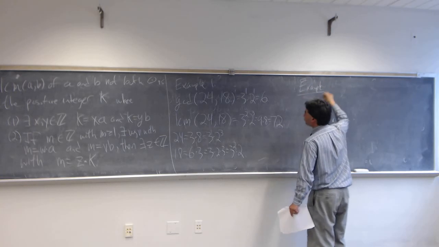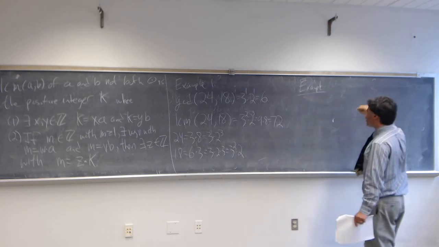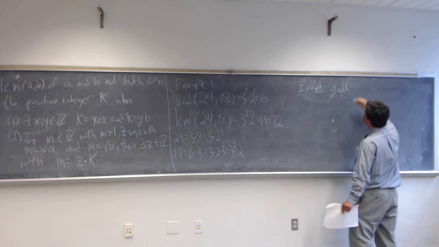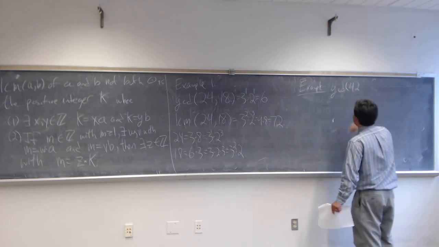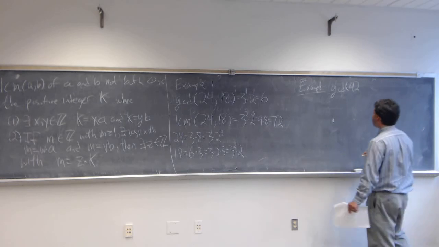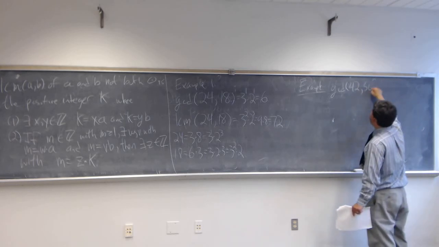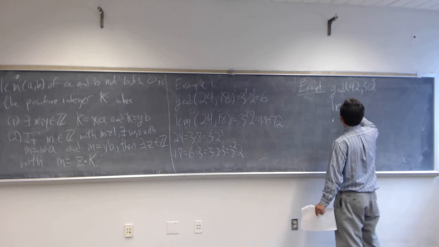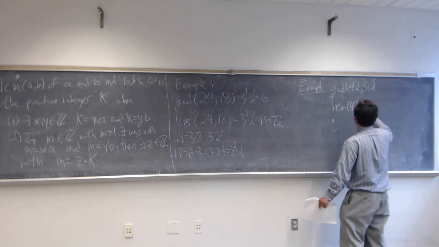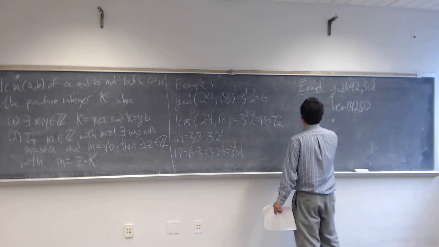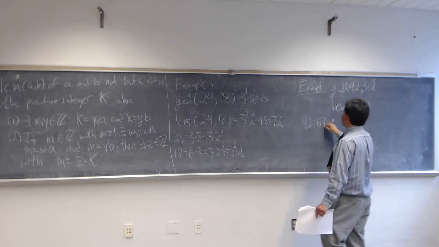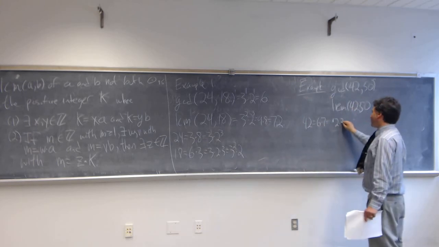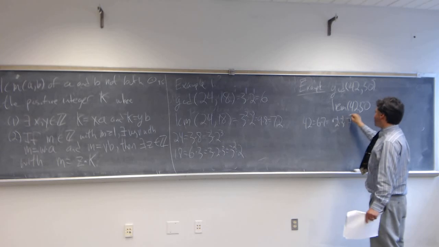So in example 2, let's find the GCD of 42 and 50, and also the LCM of 42 and 50. So 42 is 6 times 7, which is 2 times 3 times 7.